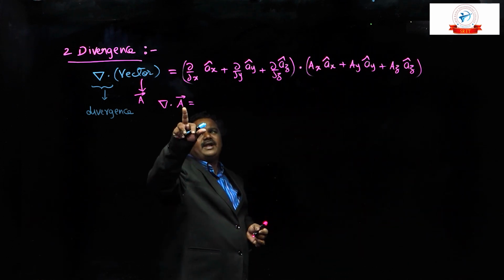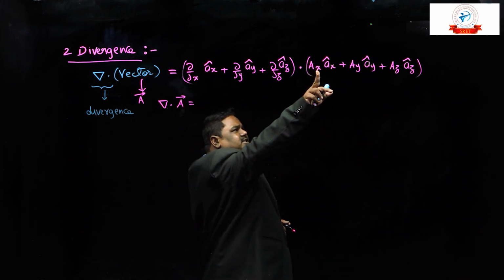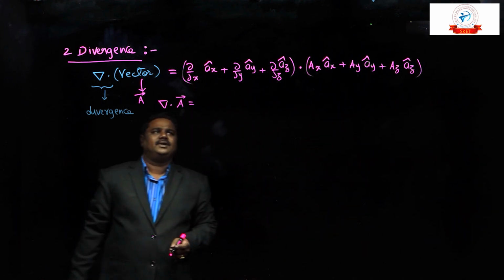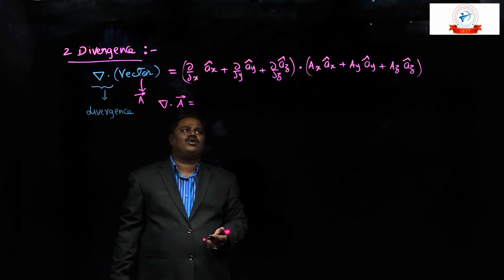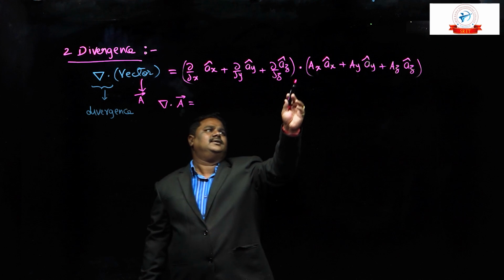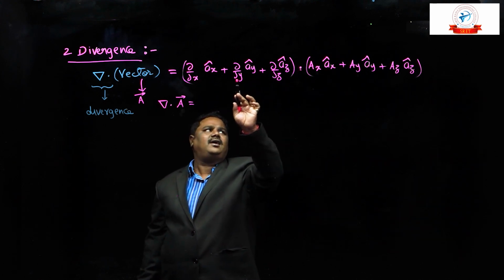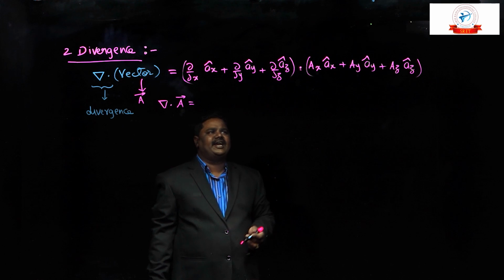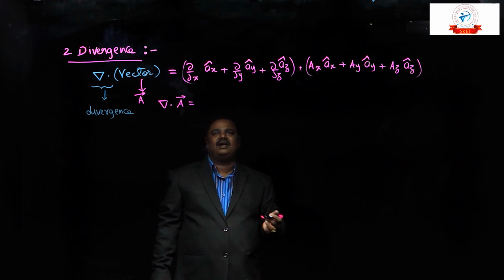We can expand any vector A bar in terms of its x component, its y component and also its z component. Then can you tell me how we evaluate this dot product? It is a dot product between the del vector and vector A bar. The dot product between any two vectors is given by multiplying similar components and adding them.